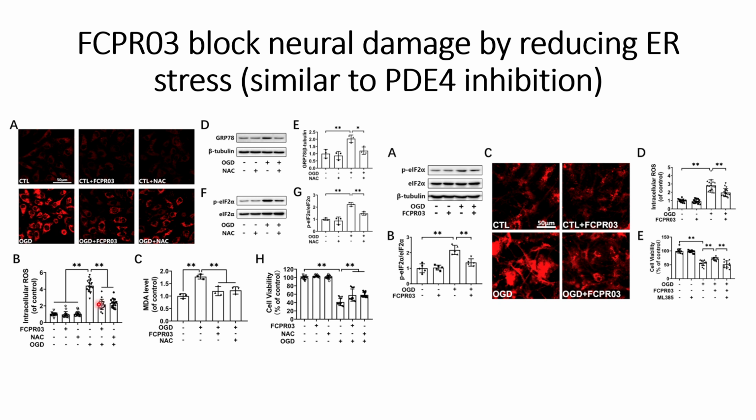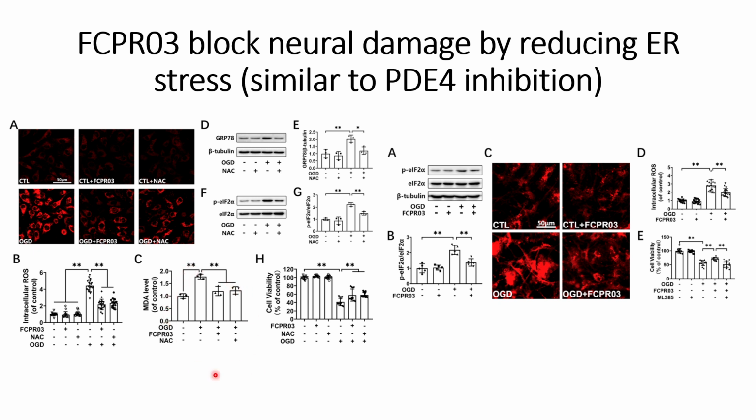This intracellular ROS is quantified through image analysis of the confocal microscopy image, and we can see that the reduction in the amount of ROS is similar in the case where cells are pre-treated with FCPR03 and cells that have this free radical scavenger, that is NAC.